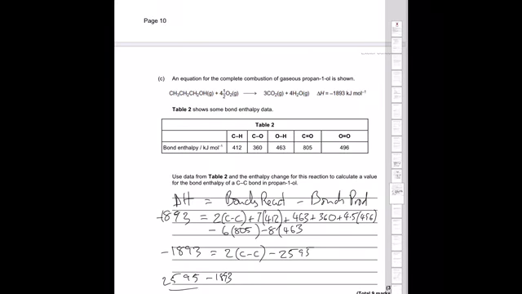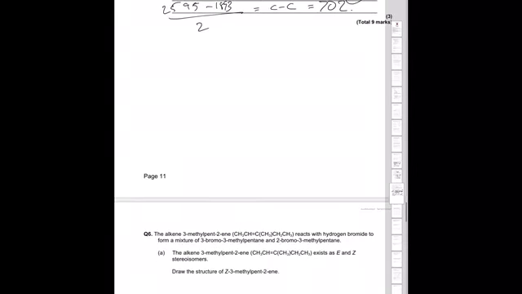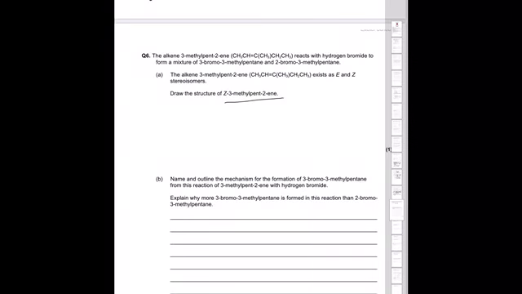So 2595 minus 1893 equals 2 lots of the CC bond. So divide that by 2. So that equals 702. Is it positive? Yes. Is it a sensible answer? Yeah. Yep. Okay, so 1 mark for the statement, 1 for the calculation.